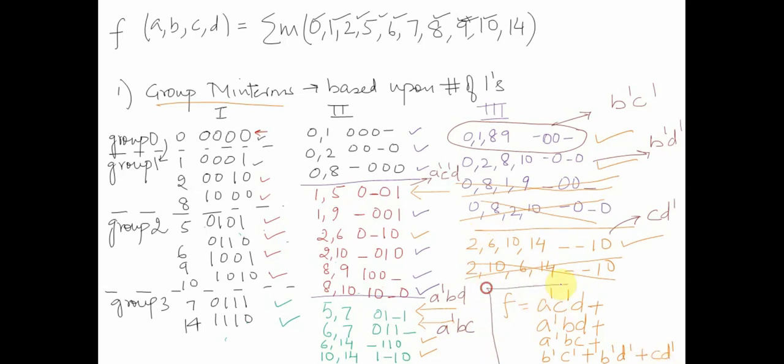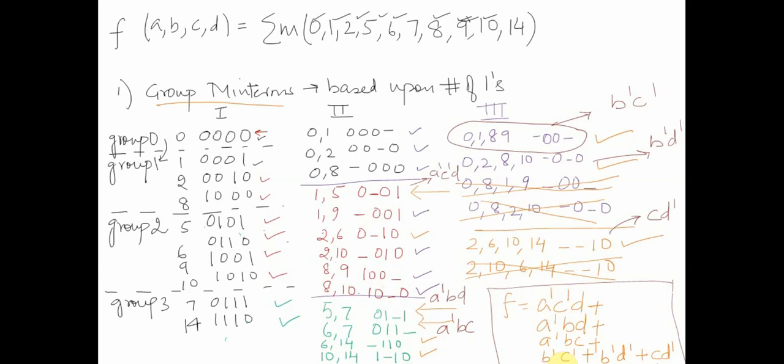At the end, the final equation for this circuit is a bar c bar d plus a bar b d plus a bar b c plus b bar c bar plus b bar d bar plus c d bar. But let's do one thing. Let's put a K-map for this function all together and see if this is the minimal function or not.